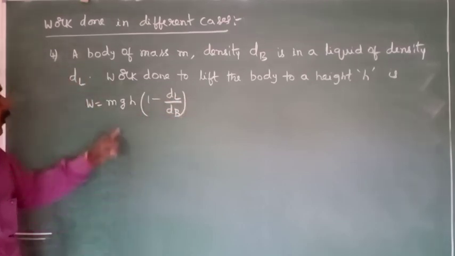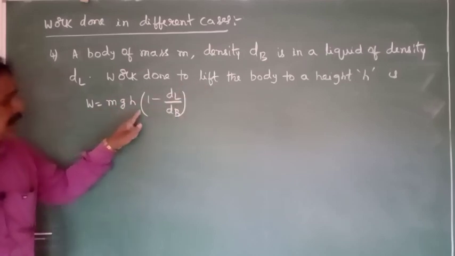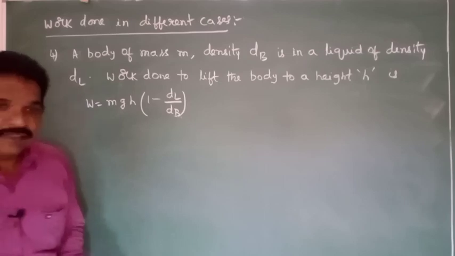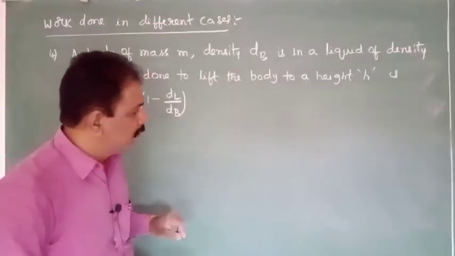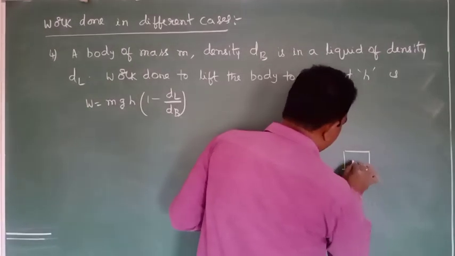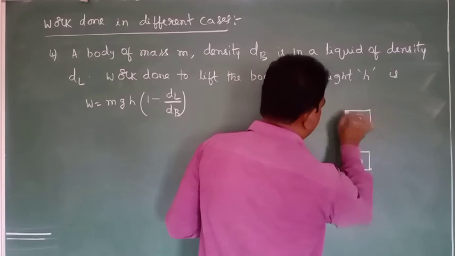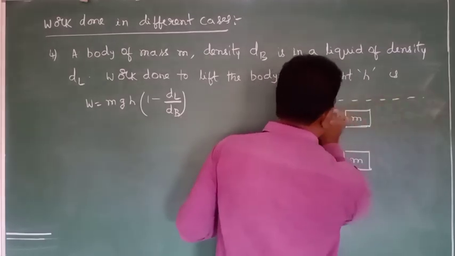This is the formula. Work done to lift the body to a height h is mgh into 1 minus dl by dB. How has this formula come? So here body is there, mass m, it is lifted to a height h, it is in a liquid.